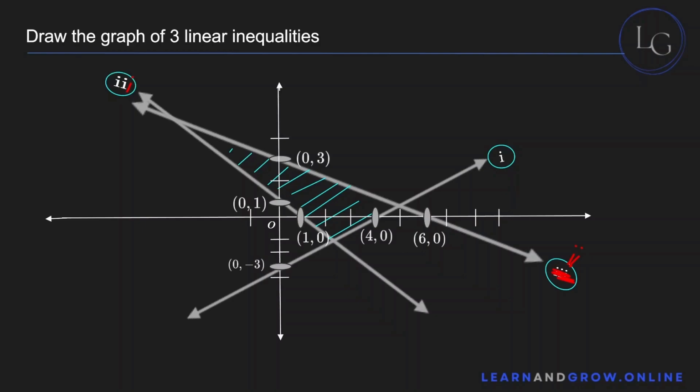How do we find out that this is the solution set? Well, simple. The line of the first equation, which is this one here, came out as true, which means that the shading of this will be done towards the origin, which is this point here, right? So it will basically be this, right? Okay.